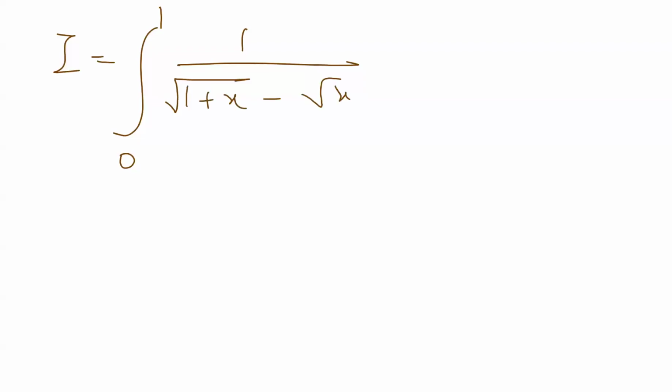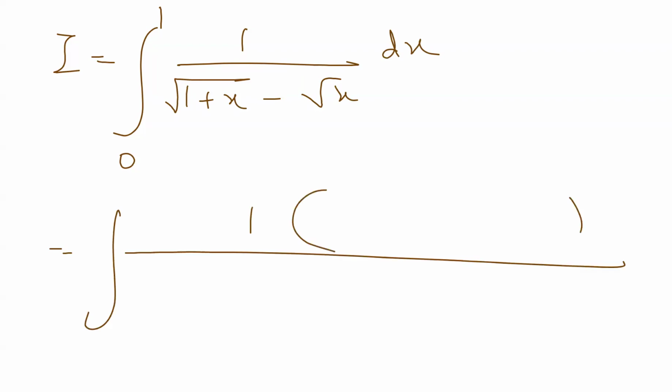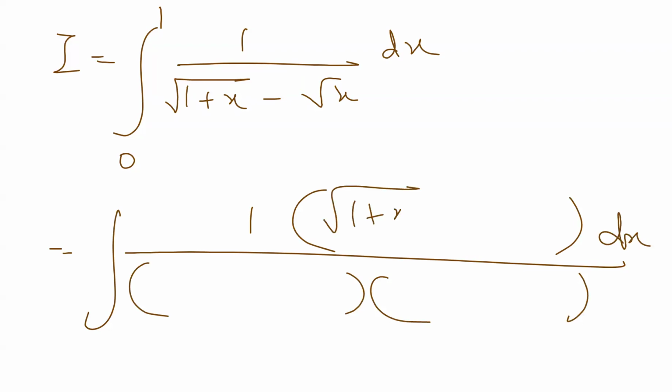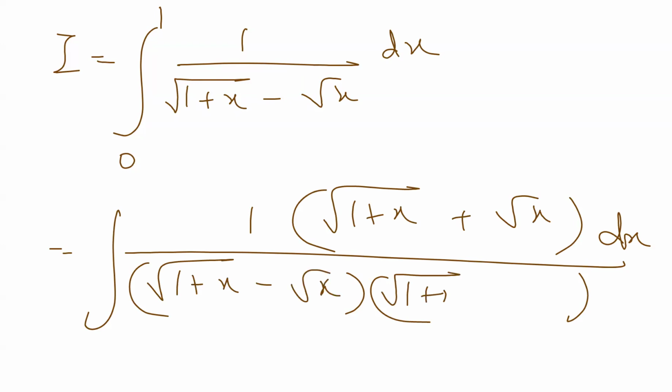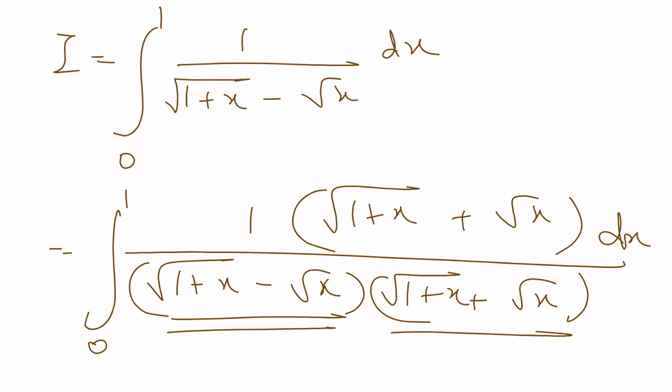So you have to rationalize this. So this will be plus root x, this will be minus root x. The rationalizing factor of the denominator is the one with a plus sign in between. Limits 0 to 1. A minus b into a plus b, that is a square minus b square.